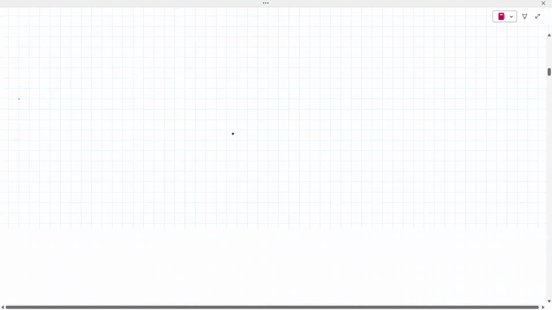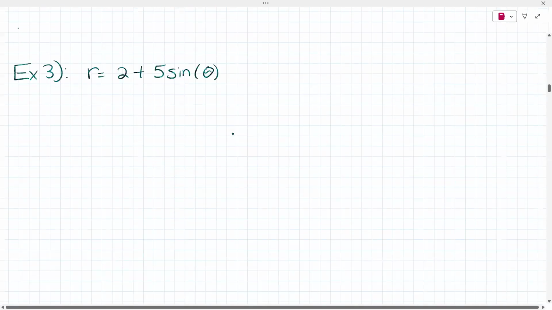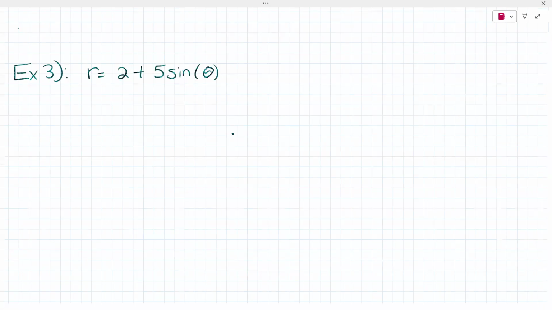Okay, let's move on to example 3. We have r equals 2 plus 5 sine theta. So your 2 is your A, your 5 is the B. A over B is 2 over 5, which is still less than 1, so that means you have an inner loop.